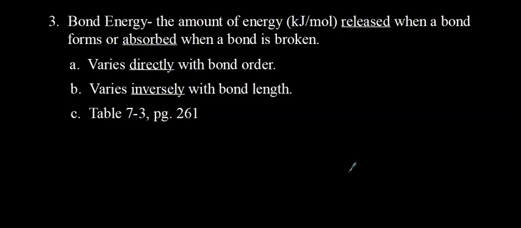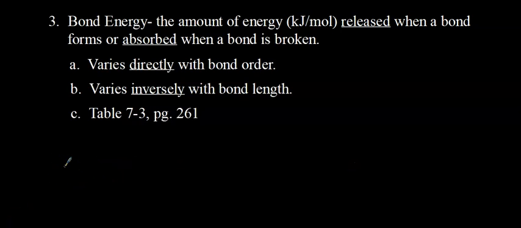And also a carbon-carbon triple bond has a higher bond energy than a carbon-carbon double bond. Bond energy varies inversely with bond length. So again, the shorter the bond, the harder it is to break. Or the shorter the bond, the more energy is required to break that bond. The opposite is also true.